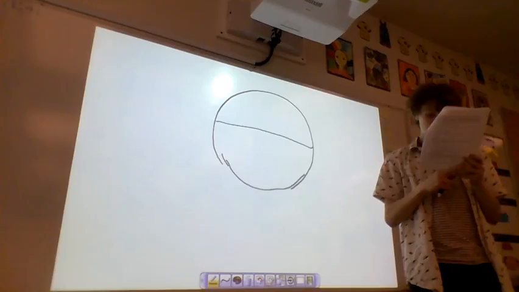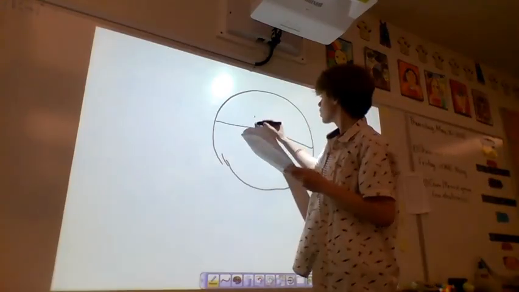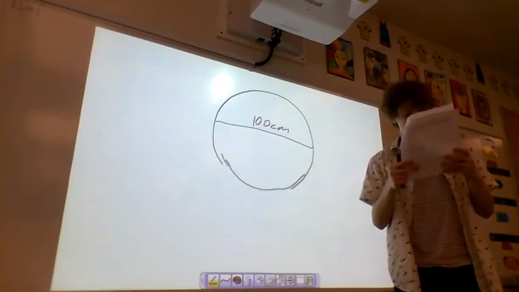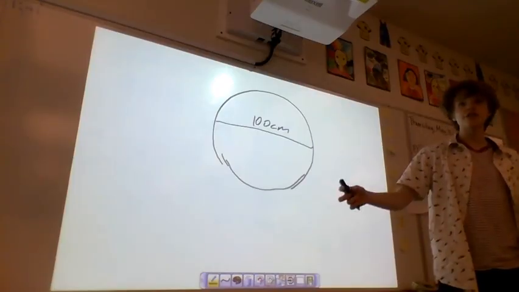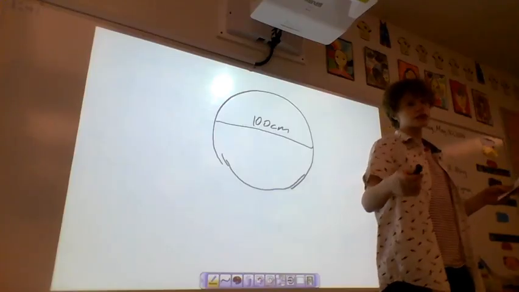To calculate the perimeter of the circle, we just need to multiply the diameter, which is 100 centimeters, and we need to multiply it by pi. Now, pi is an infinite number, but it's used specifically for calculating circles.